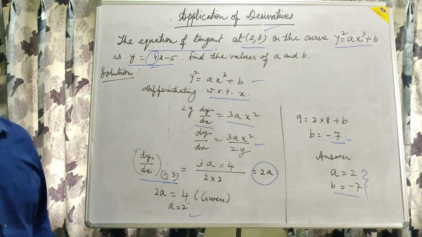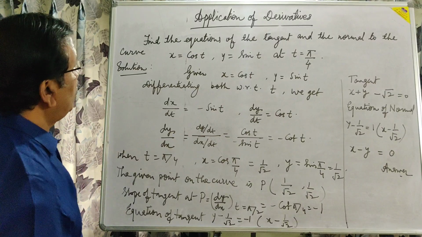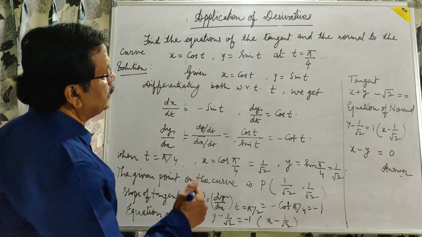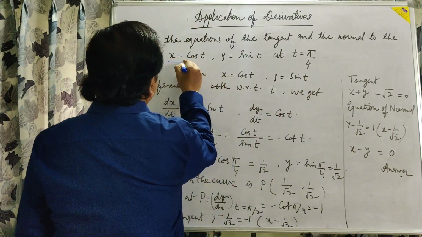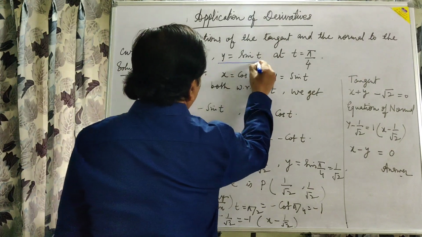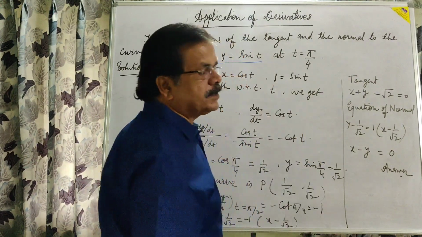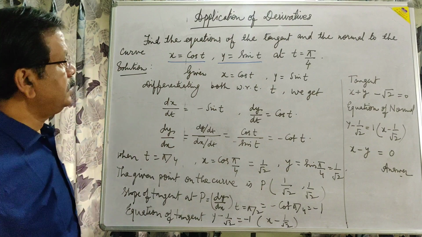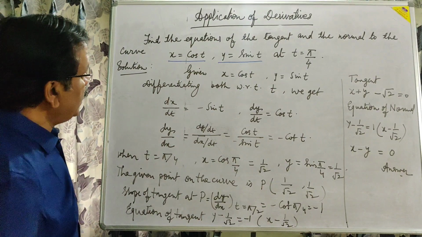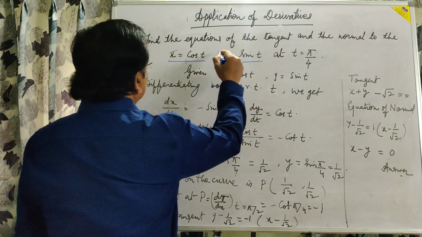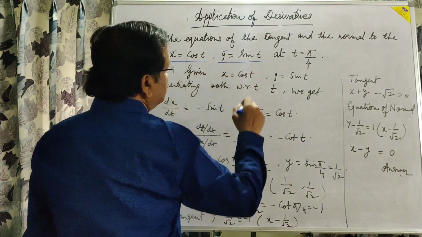Now next question. Find the equations of the tangent and normal to the curve x is equal to cos t, y is equal to sin t, at t is equal to pi by 4. This is a parametric function in which x and y are functions of a third parameter t.